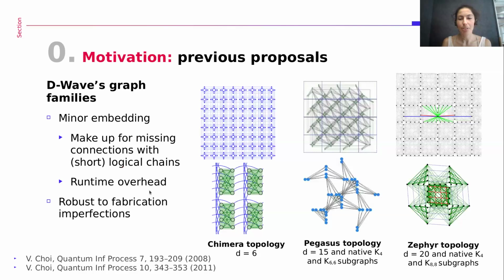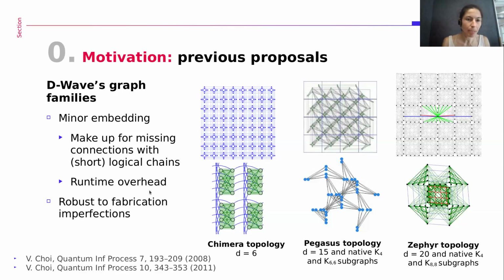So what solutions have people proposed? You're probably familiar with D-Wave's approach of minor embedding, in which you make up for the missing connections. There are particular families of graphs with given connectivity, and within these graphs you make up for the missing connections to describe your particular problem by using short logical chains, ideally ferromagnetically coupled.